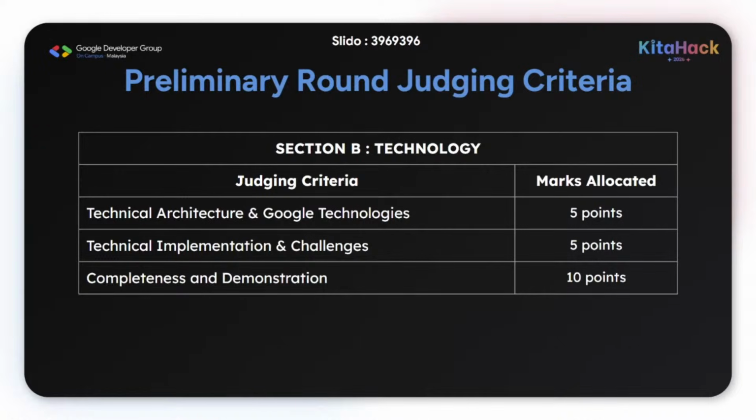Moving on to the technology parts, technology architecture and Google technologies will be 5 points, technical implementation and challenges 5 points, and last, completeness and demonstration will be 10 points.